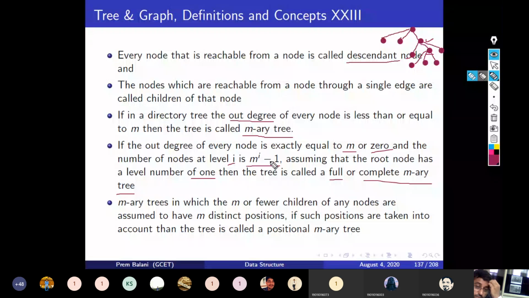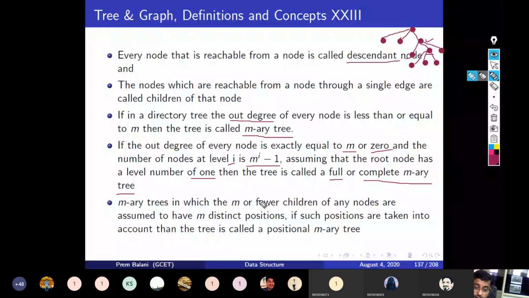So 1 node is required at the root level. And at this level, if you see, there are 3 nodes, while 3 raised to 1 minus 1 gives 2. So the second condition is not getting followed. So this is also not the complete m-array or full m-array tree.